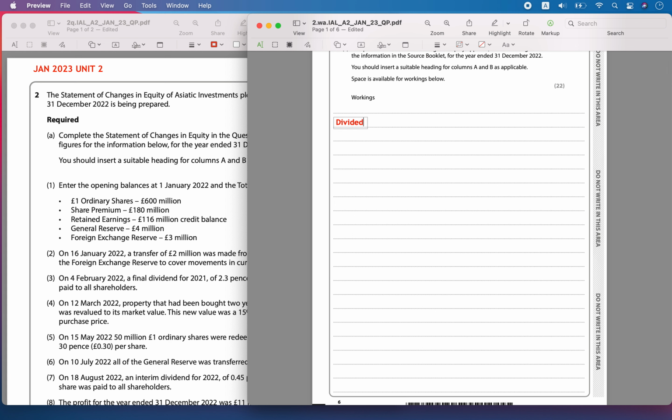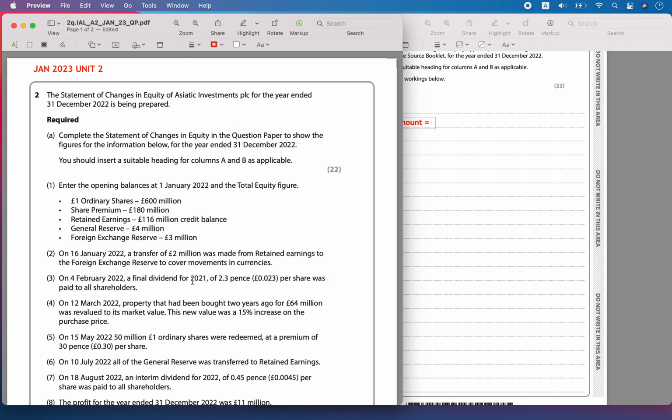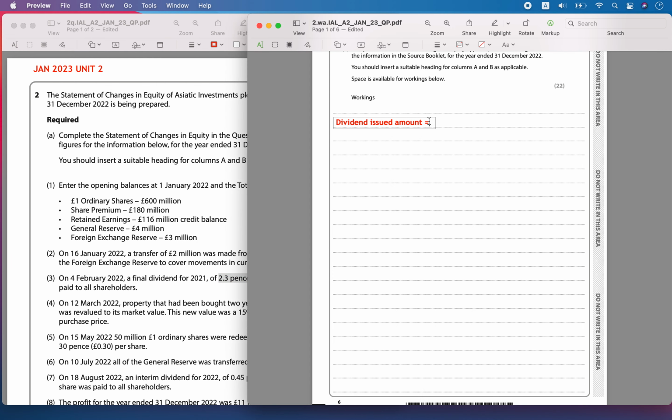The dividend amount issued is going to be equal to, what is the formula here? That is 2.3 pence per share, the rate they have given, multiplied by the total number of shares.